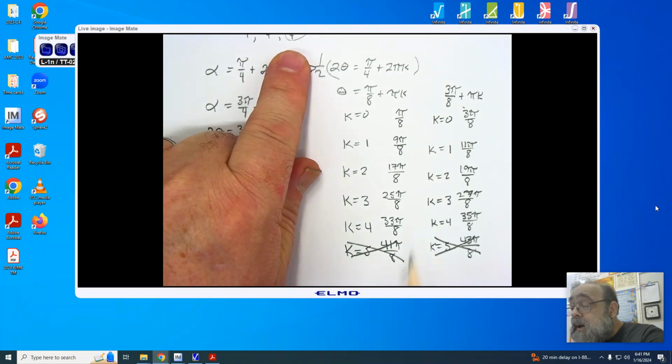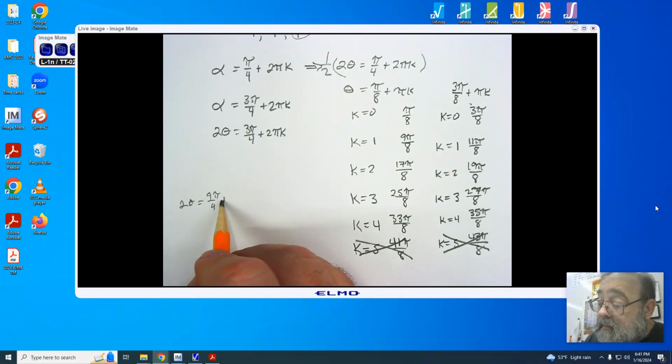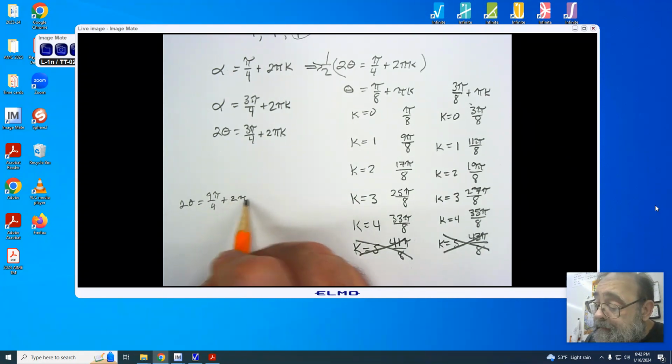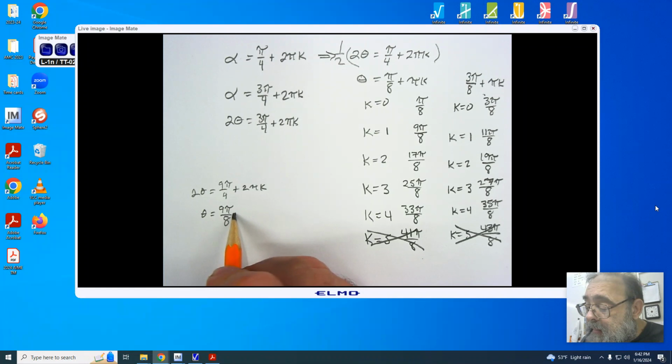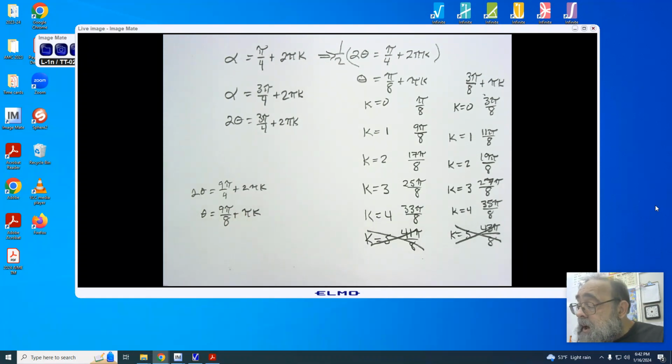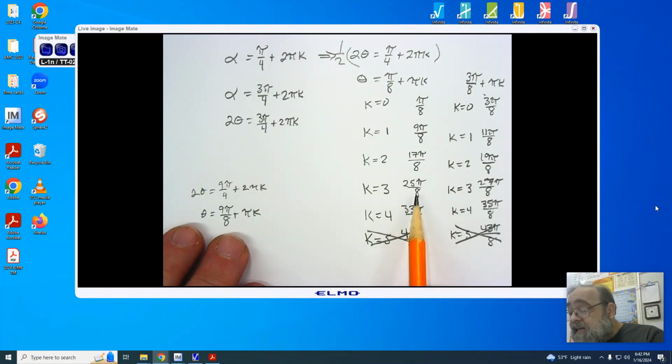Now I'm going to go to that 9 pi over 4. You'll notice when I do 9 pi over 4 equaling the 2 theta plus 2 pi k, I divide by 2, I get theta equals 9 pi over 8 plus pi k. And you'll notice, there it is right there, that's 9 pi over 8. If I then add pi to it, I get 17 pi over 8, 25 pi over 8, 33 pi over 8.